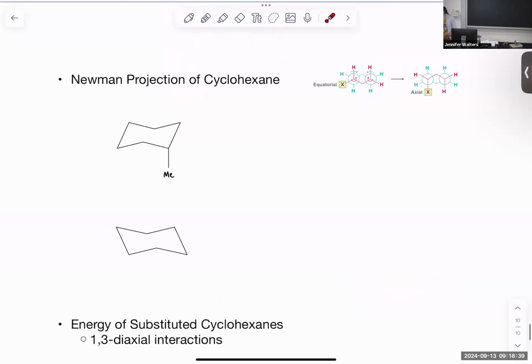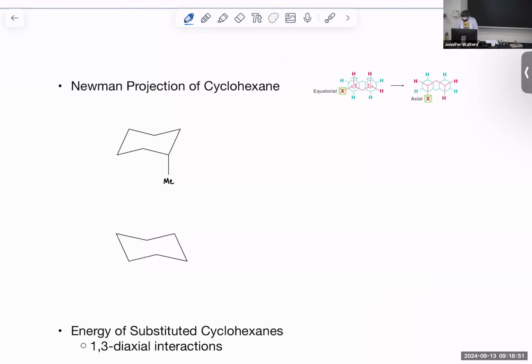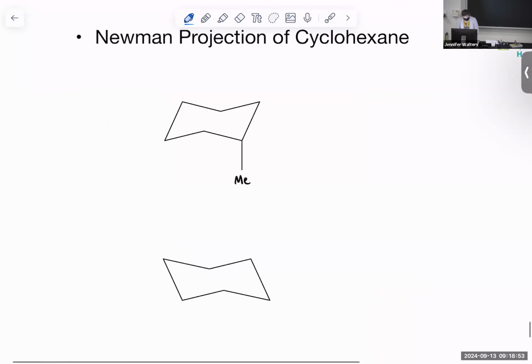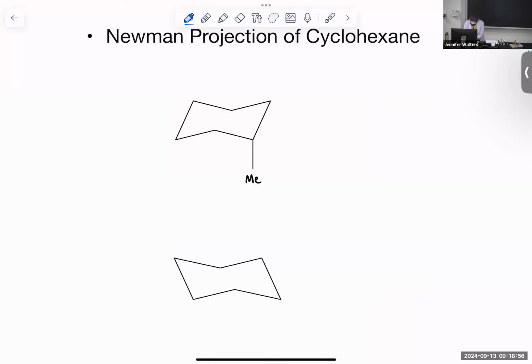So let's draw those Newman projections. If I'm looking at this and I'm going to look down these bonds, actually here, we'll do the circle and the dot. So those are the relative carbons.